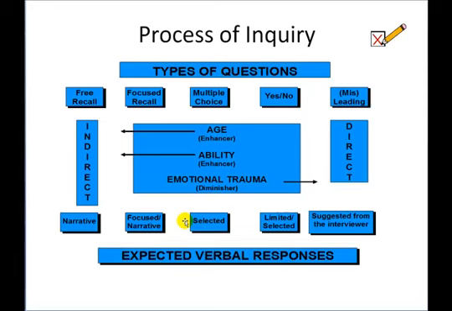And because children want to please the adult, because children believe that the adult may know the answer or be better at understanding the past event, the child may select from among the multiple choice options a response that is not entirely accurate.